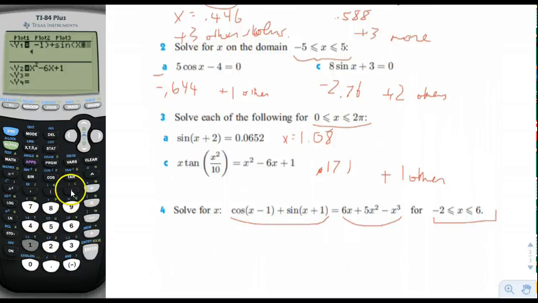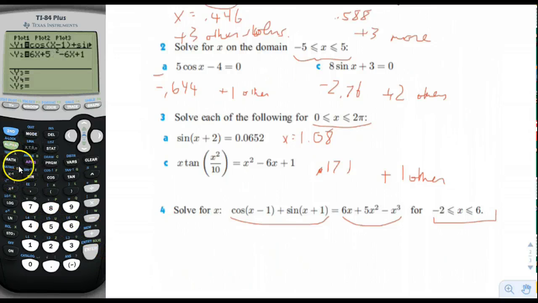That's the left side, and the right side is 6x plus 5x squared minus x cubed. So 6x plus 5x squared minus x to the third. And the rest of it is just delete, delete, delete. A lot of junk here.